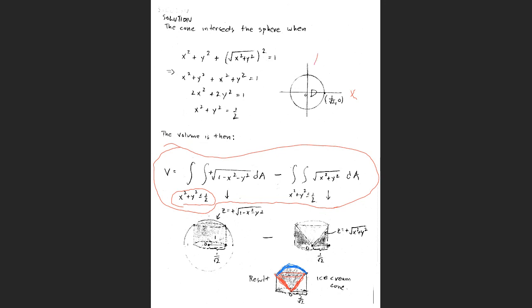If you take the intersection between the sphere and the cone and project that intersection down into the xy plane, that gives me my region D. And that region can be described as x squared plus y squared less than or equal to a half. But now I want to show you why the volume of the ice cream cone can be written as the difference of two volumes.